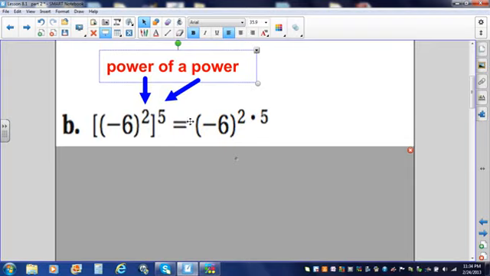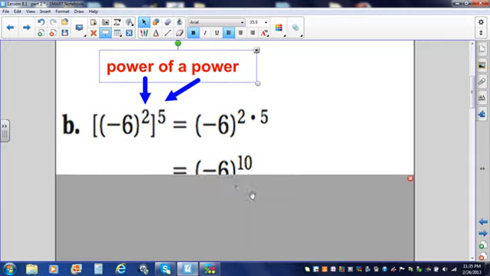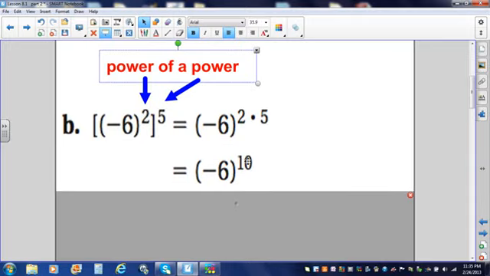So we are going to multiply the 2 and the 5. We're doing a power to a power, and you have the same base, multiply 2 times 5. 2 times 5 gives us 10, so this would be parentheses, negative 6 is our base to the 10th power.